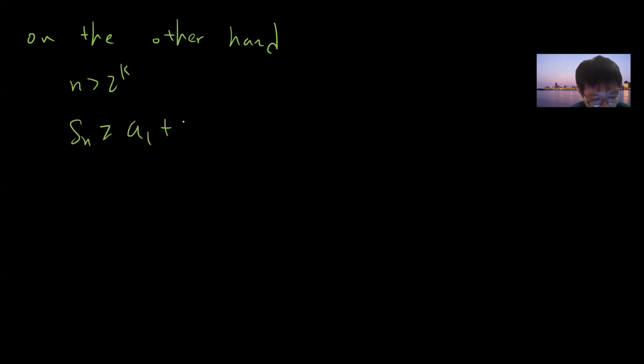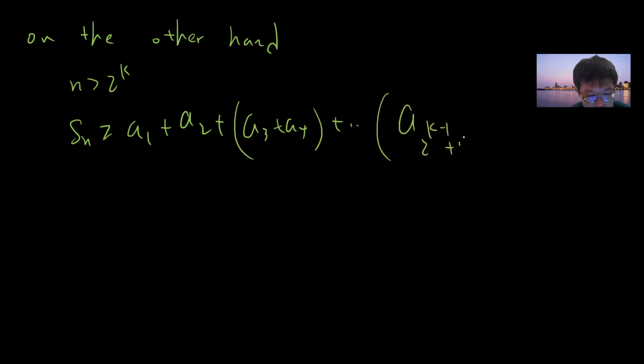On the other hand, if n is greater than 2^k, then Sn is greater than or equal to a1 plus a2 plus (a3 plus a4) up to the terms ending at a_{2^k}. It's the same reason: if n is greater than 2^k, then Sn adds up to a_n, but here we only add up to 2^k. So Sn is greater than or equal to a1, a2, 2a4, up to 2^{k-1} a_{2^k}.